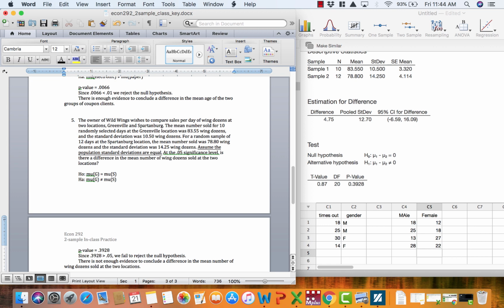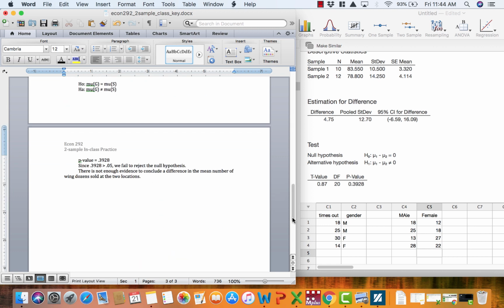There is not enough evidence to conclude a difference in the mean number of wing dozens sold at the two locations. So there's your classwork on independent samples.